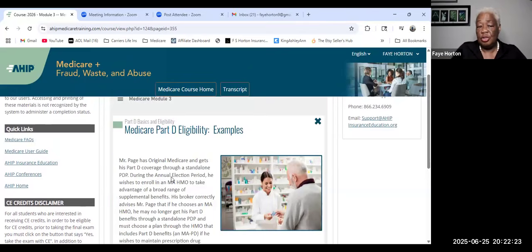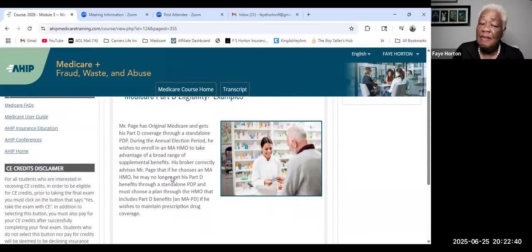Mr. Page has original Medicare and gets his Part D coverage through a standalone prescription drug plan. During the annual election period, he wishes to enroll in a Medicare Advantage HMO to take advantage of a broad range of supplemental benefits.